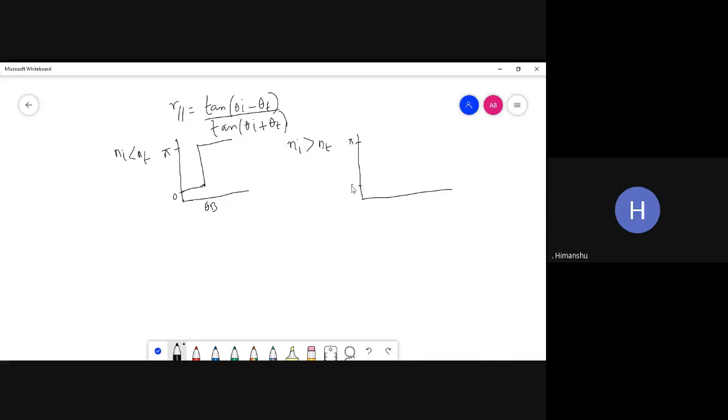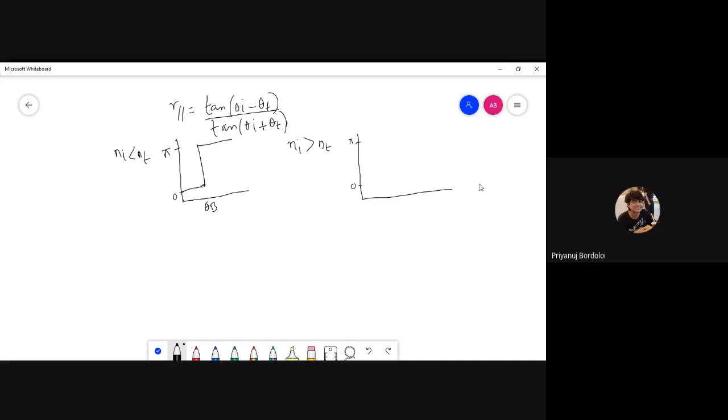Ni greater than Nt means theta i is less than theta t, so the numerator is negative and the whole thing is negative. At Brewster angle, it becomes 0. After Brewster angle, both are negative, so it becomes positive.